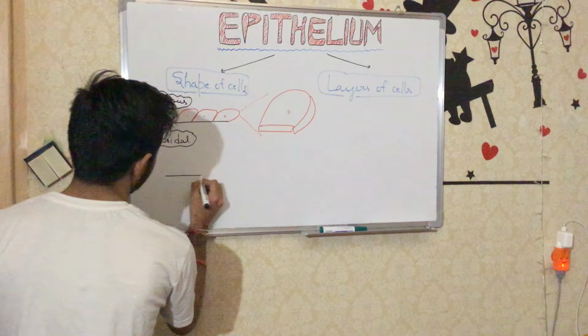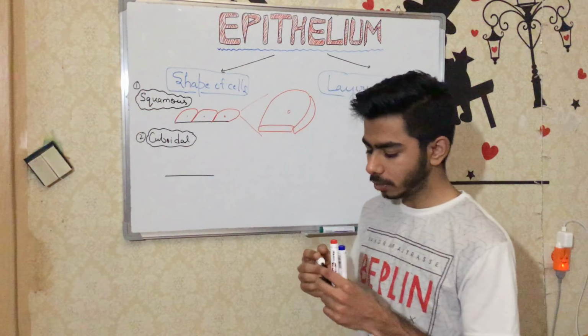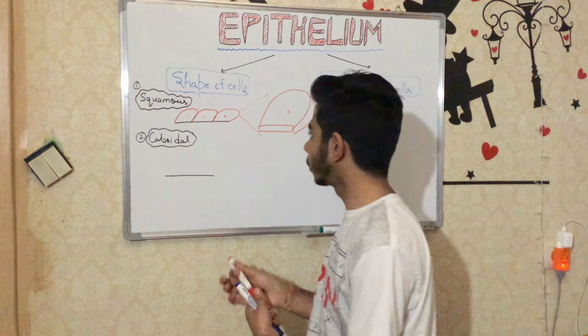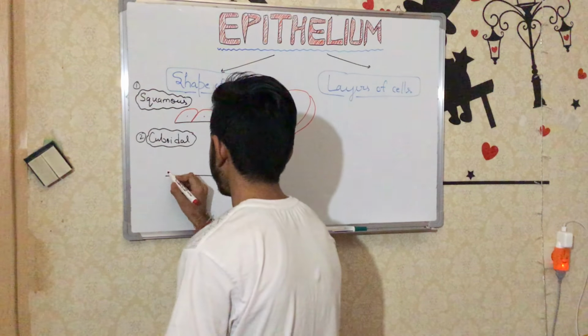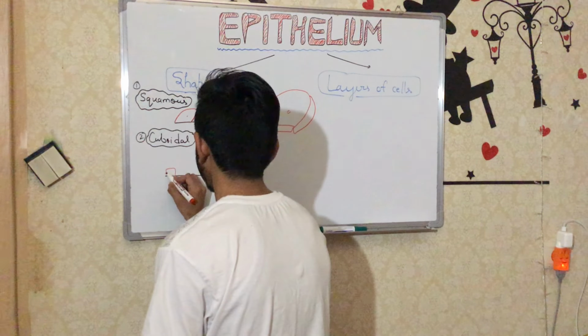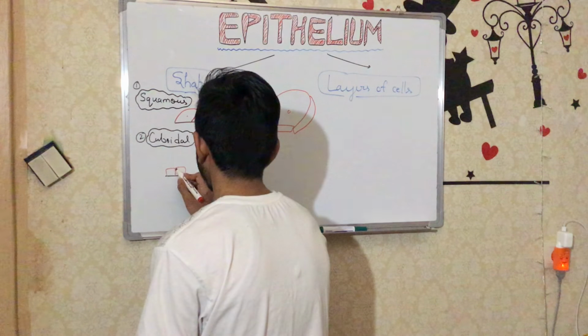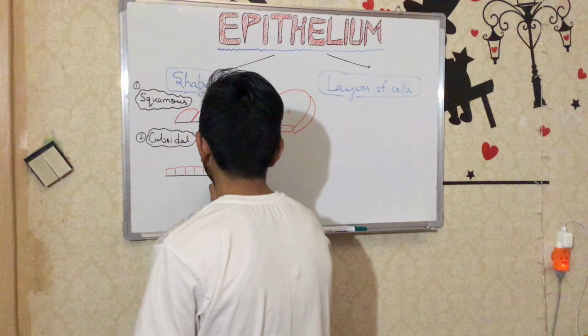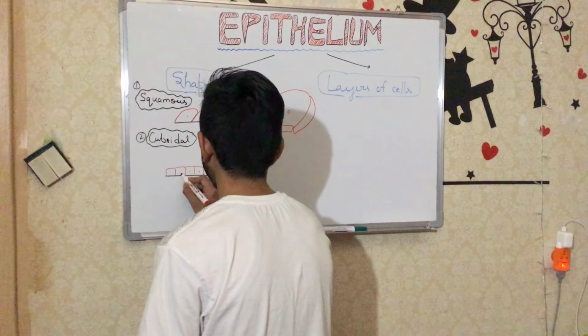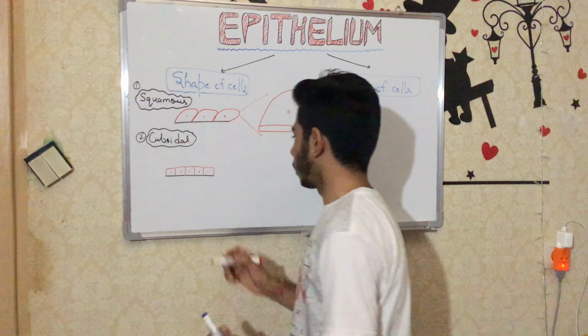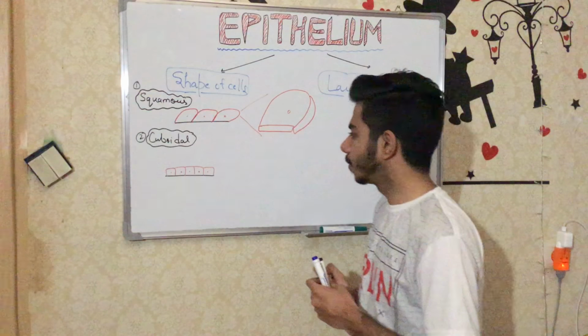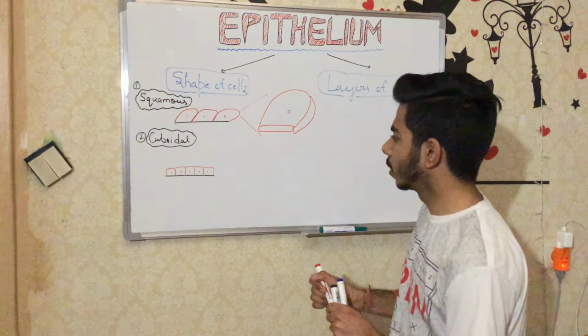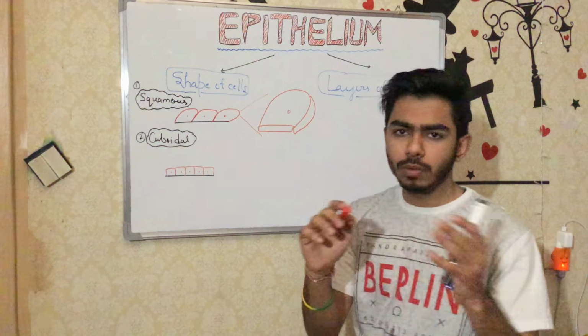Now let's look over the cuboidal ones. They would be present like this, like squares. These are the nuclei of the cells, compact to each other very strongly. So these are like squares.